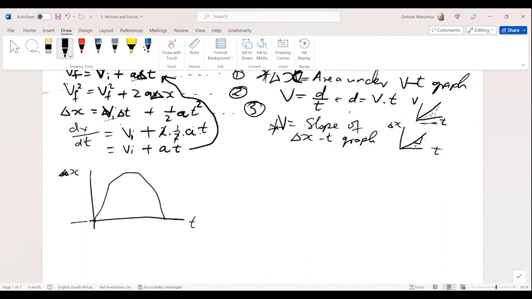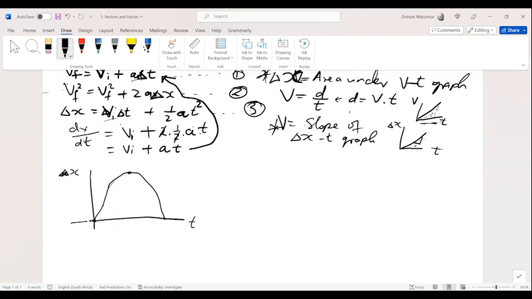Initially it will be at a displacement 0, and then it will move up and reach a point where your object will appear as though it is stationary.